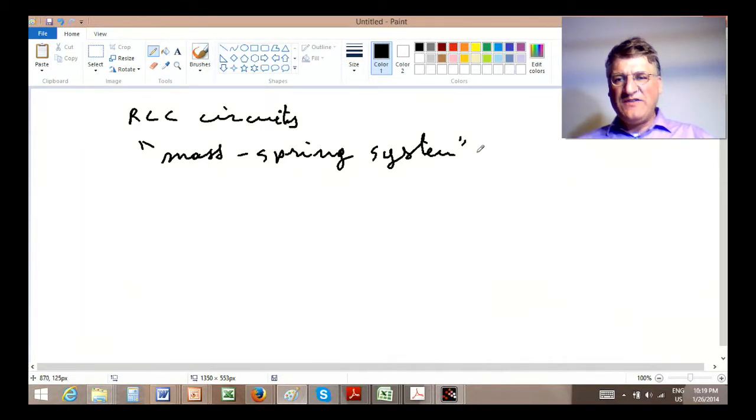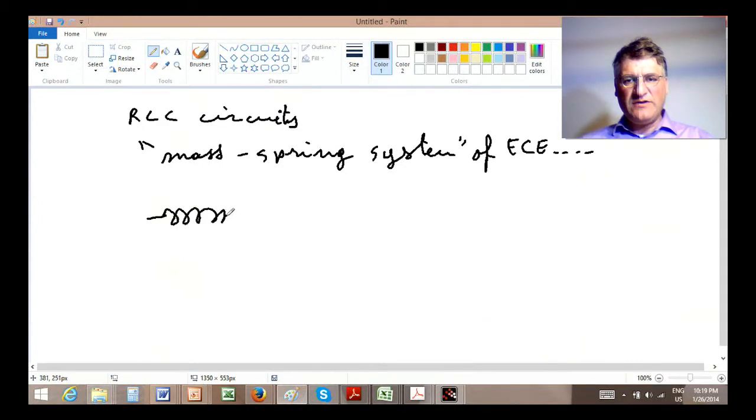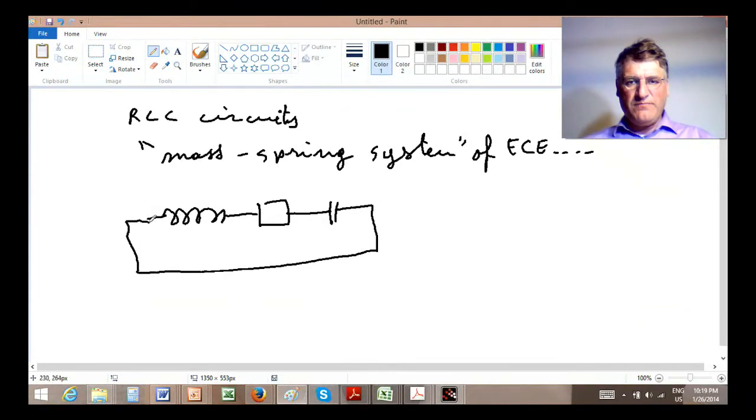So they are the mass spring system of electrical engineering. What are they made of? Well, they are made of an inductance, a resistor, and a capacitance. And we literally close the loop. Something like this. So the intensity here that flows is the same throughout.